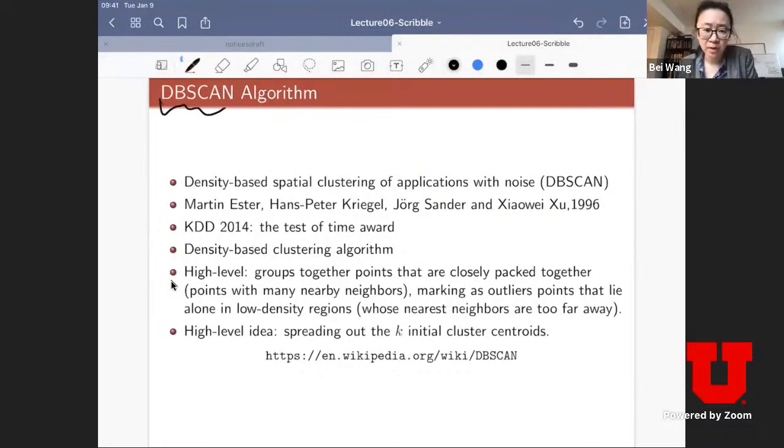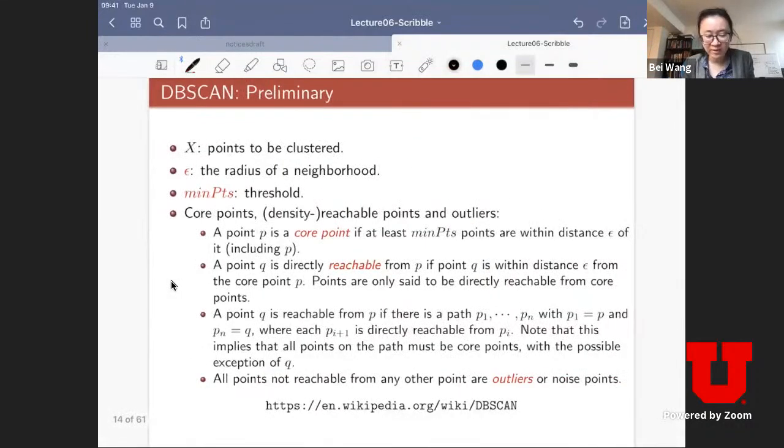And again, at a high level, you still need to spread out the initial K cluster centroids to run DBSCAN. But K is something that will change over time based on the density. So the algorithm itself doesn't really ask for specification of what K is.